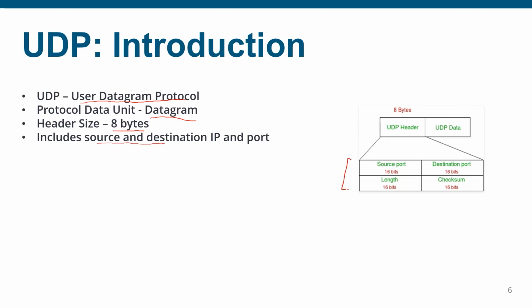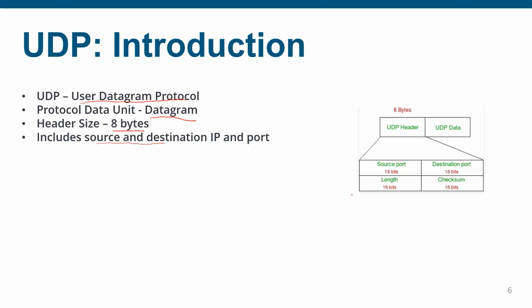So right here is the format of the UDP header. There's no flags, there's no pointers, there's no acknowledgement numbers. All we have are the source port, destination port, length, and checksum. So we do have a checksum to try and make sure that each individual datagram has not had any degradation through transmission.